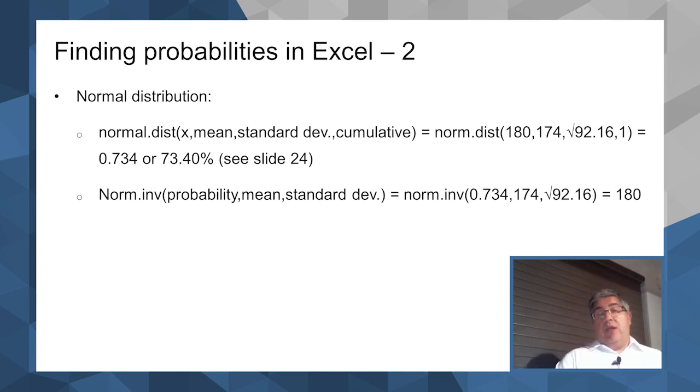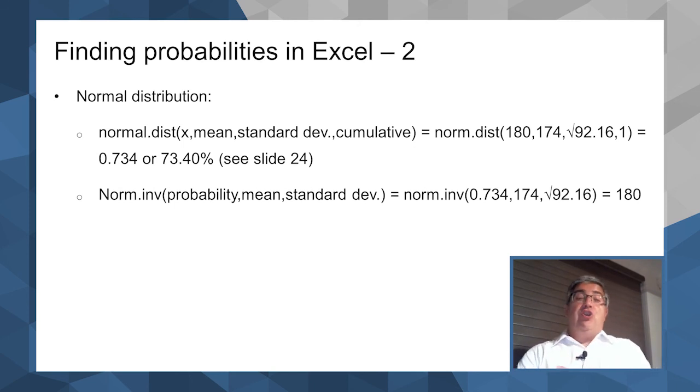Normal dist, for the example we just gave, x being 1 meter 80, the mean was 174, standard deviation was the square root of 92.16, and in this case we want cumulative because we want anybody who is under 1 meter 80, and so that will give us the answer. Norm inv is the opposite.